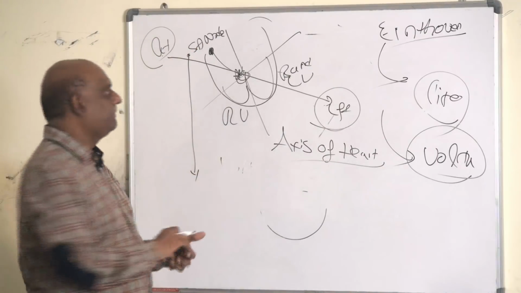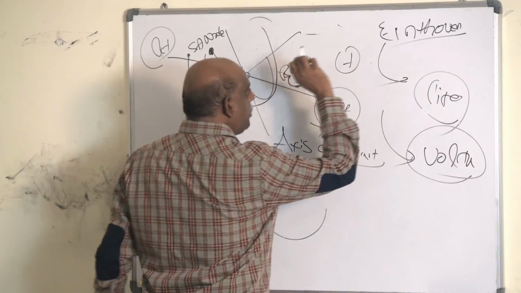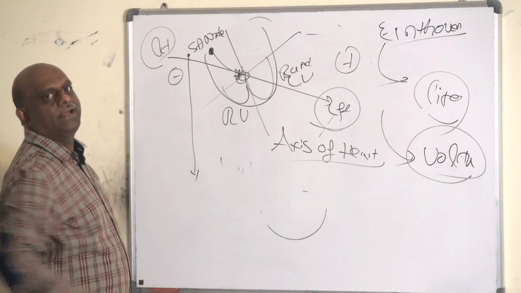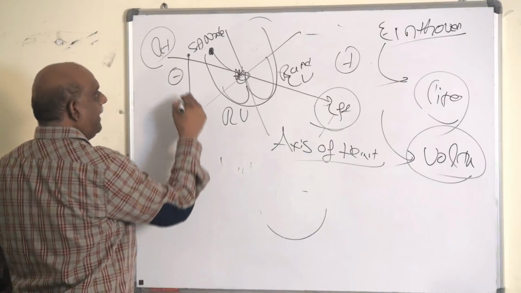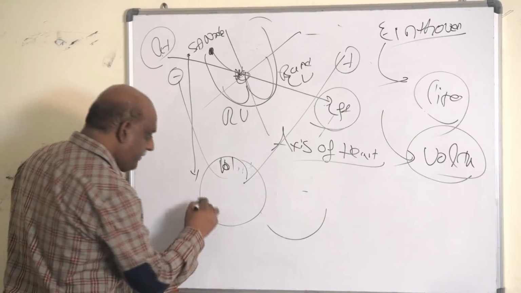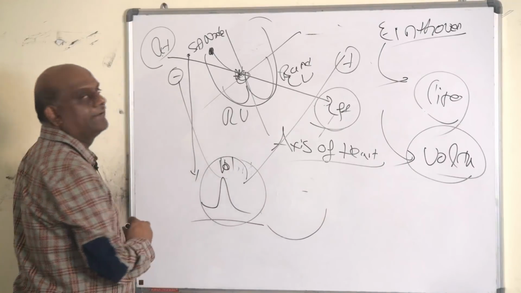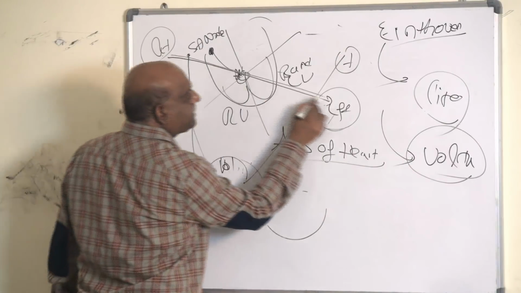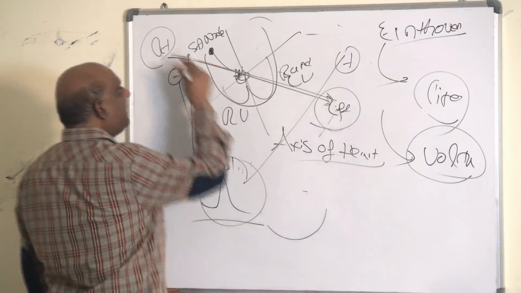Very simple. Put a positive electrode on the left side, keep a negative electrode on the right side and connect it to a voltmeter. If it shows a positive deflection, that means the electricity is passing towards the left, from above to below.